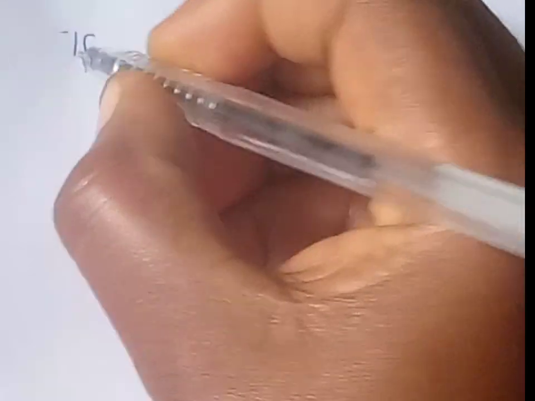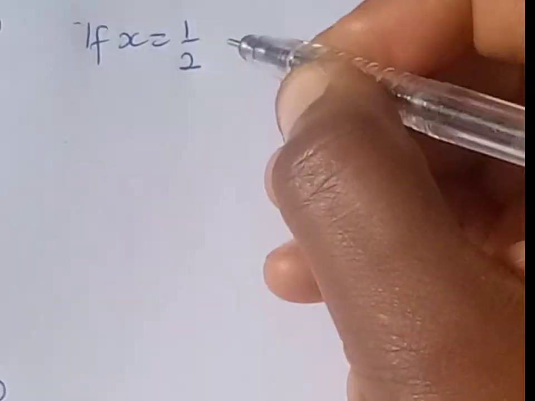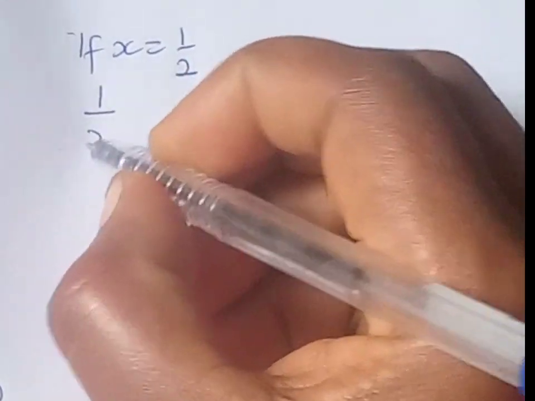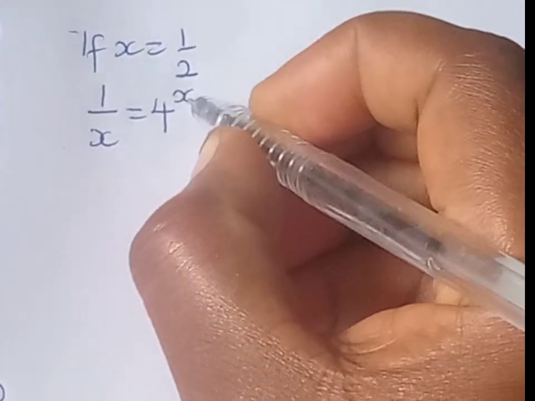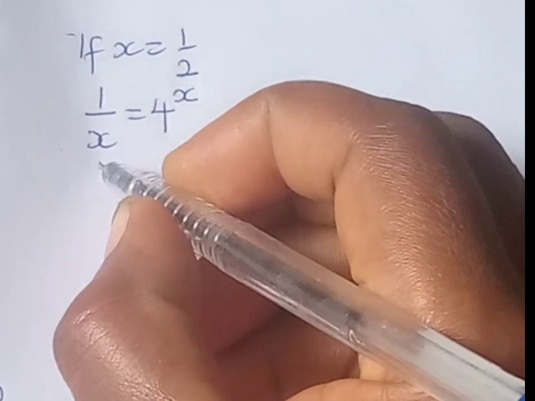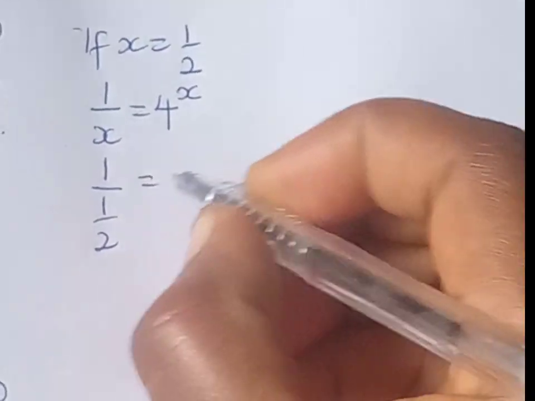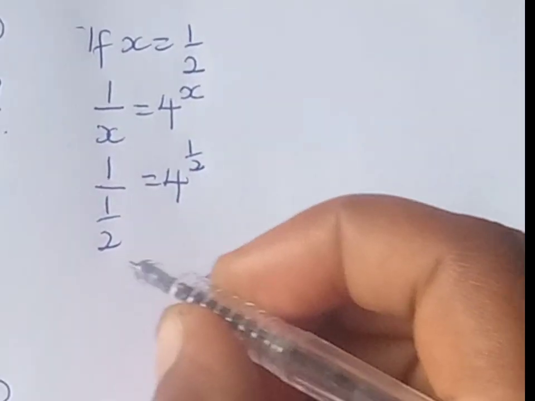Now let's try if x equals half. Our equation again, 1 divided by x equals 4 raised to the power of x. So we have 1 divided by half equals 4 raised to the power of half.